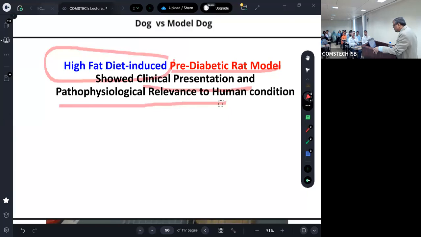One is sucrose, another is high-fat diet. We chose the high-fat diet. If you give a high-fat diet, the rat will be obese. There is a chance.